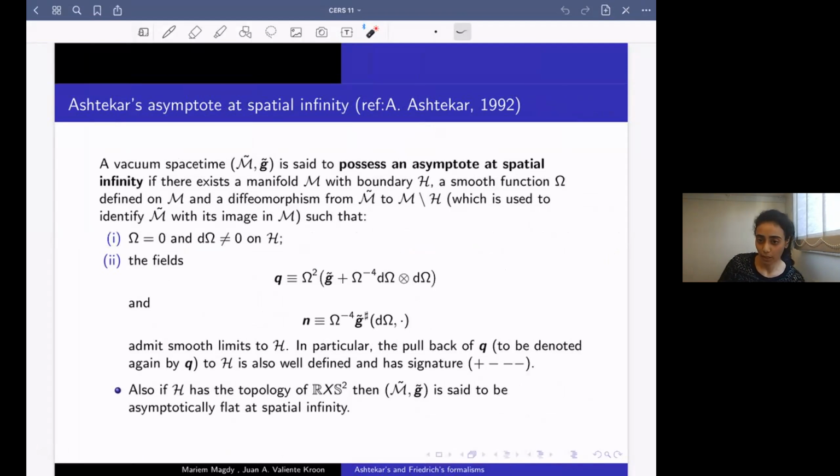Specifically, omega should be 0 and its derivative should not be equal to 0 on H. More importantly, Ashtekar defined the metric on the hypersurface of constant omega and the normal in such a way that they admit a smooth limit as we go to H. We can say that these spacetimes are asymptotically flat at spatial infinity if the topology of H is that of a cylinder.